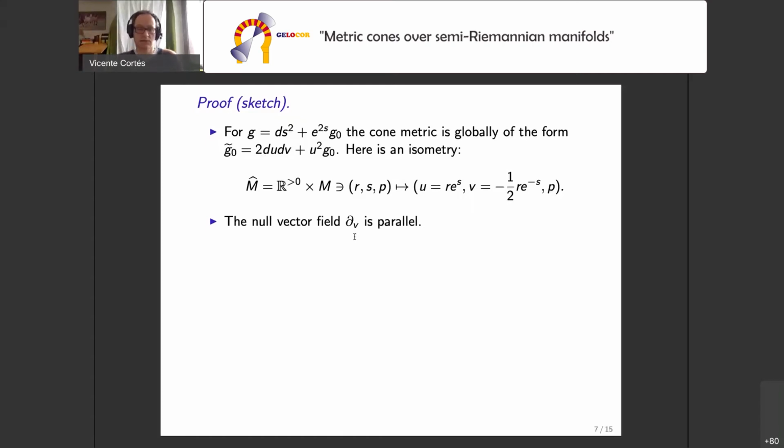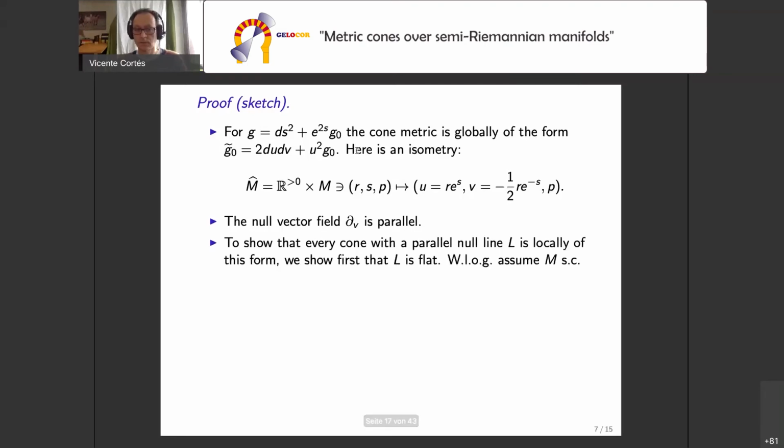It's immediate to check from this form that this is a parallel null vector field, and so you have the parallel null line. Okay, so this proves the converse statement of the theorem, but still we have to prove that starting from some arbitrary cone with a parallel null line, it will be of this form.